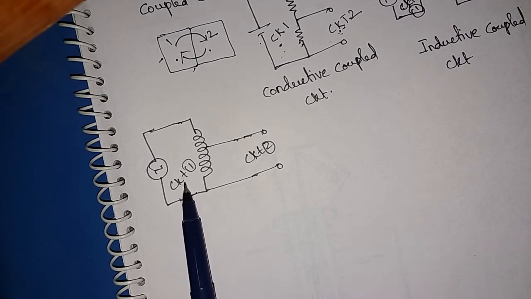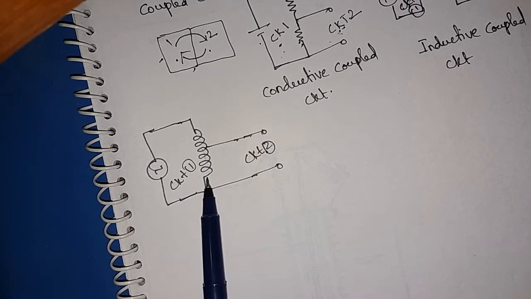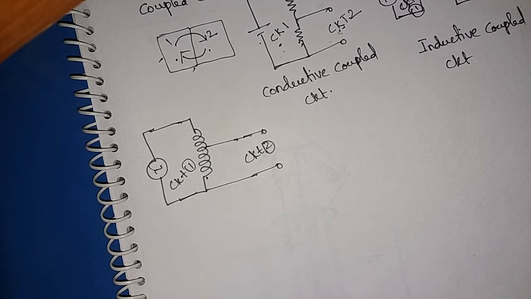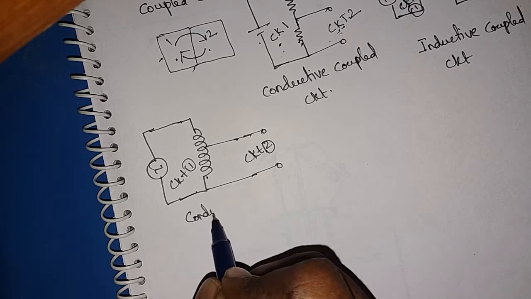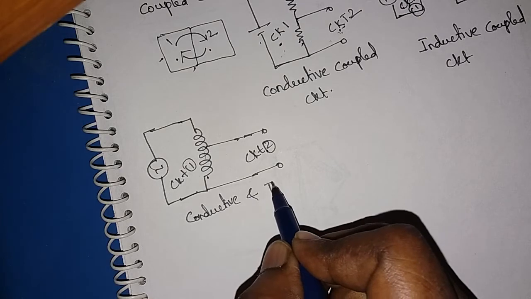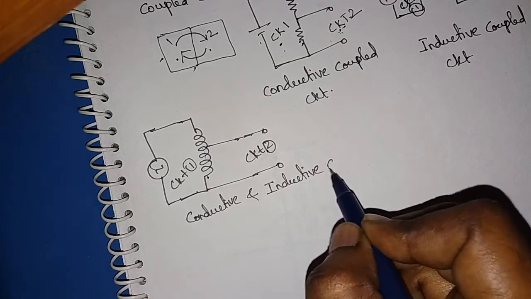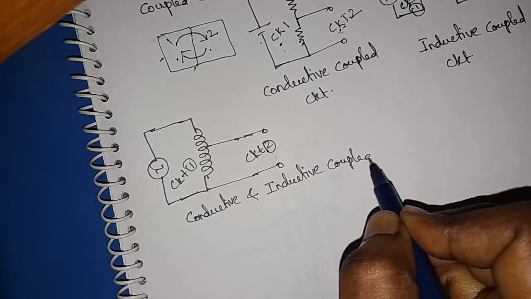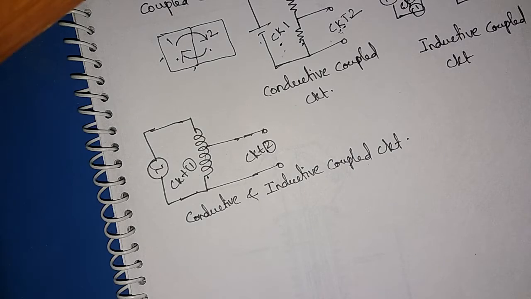The energy is transmitted from circuit 1 to circuit 2 through conduction as well as through induction. Therefore this circuit is called a conductive and inductive coupled circuit.